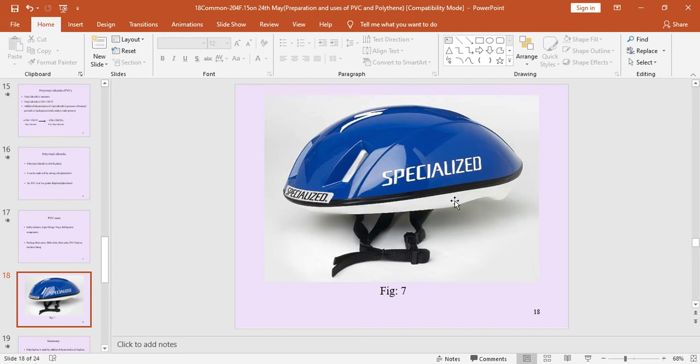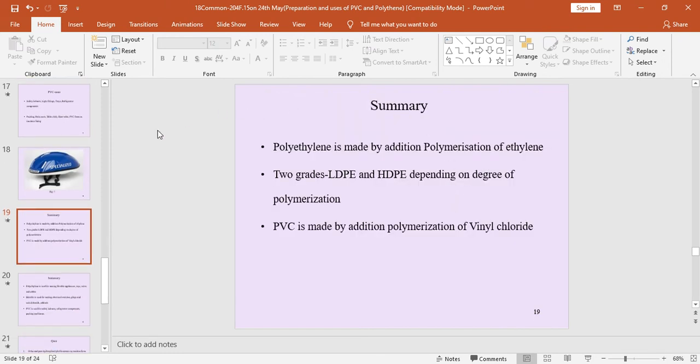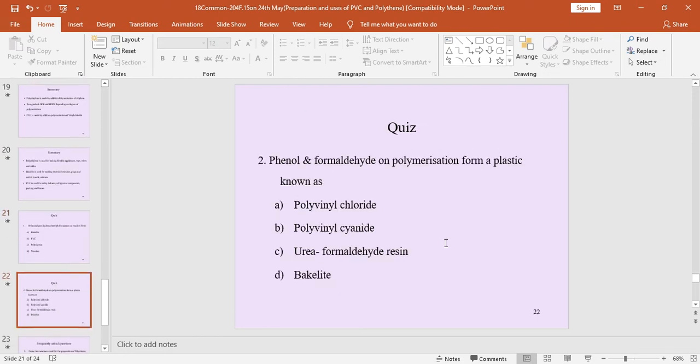Up to now we discussed that polythene is made by addition polymerization of ethylene. Two grades of polythene are there: LDPE, low density polyethylene, and HDPE, high density polyethylene, depending on the degree of polymerization. Next, PVC is made by addition polymerization of vinyl chloride.